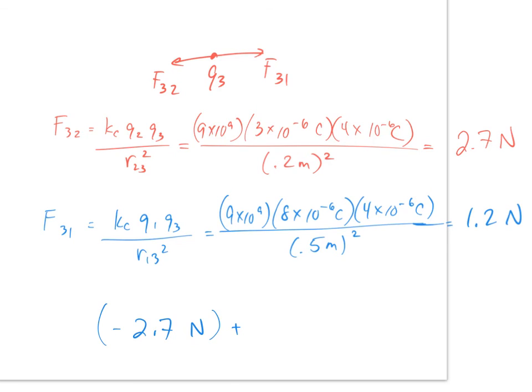I'm being pulled to the right with 1.2. That's positive. So the overall force, since the negative is more, would be negative, or to the left. So what's the net electrostatic force on this particle? Negative 1.5 newtons, meaning that particle 3 will get pulled to the left.